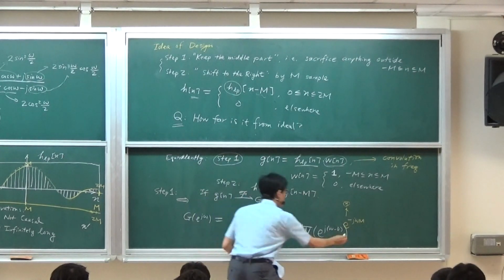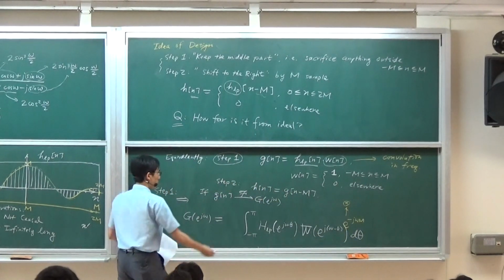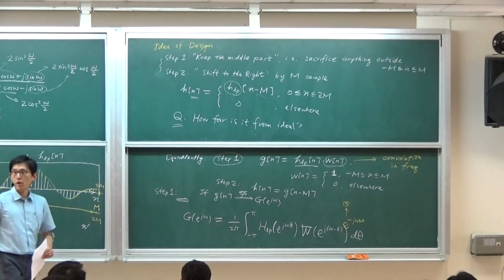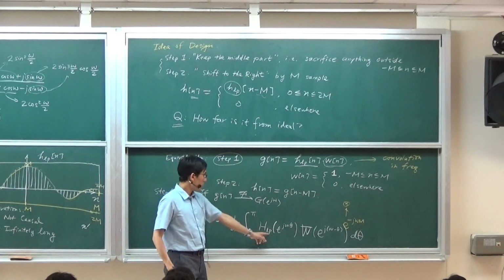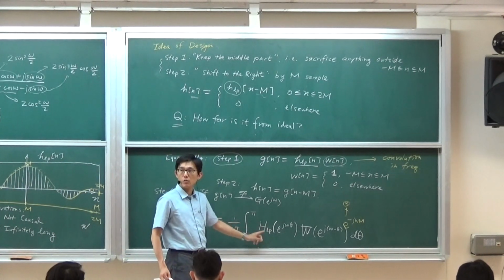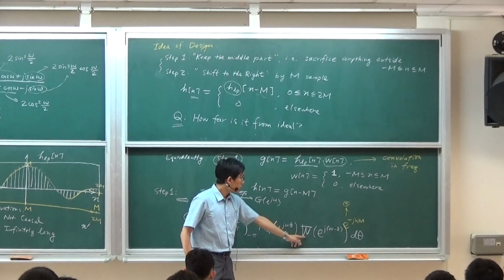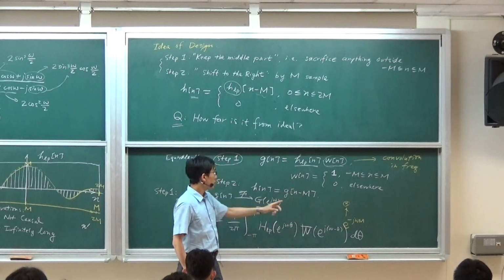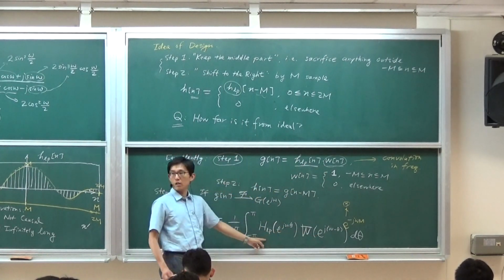And we are going to integrate with respect to this bounding variable theta from minus pi to pi, and there is a scaling factor. That's the convolution theorem of the second kind, where H_LP stands for the ideal response, and big W stands for the DTFT of the rectangular window. Multiplication in the time domain, convolution in the frequency domain.